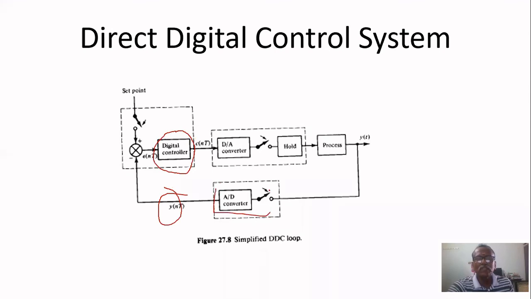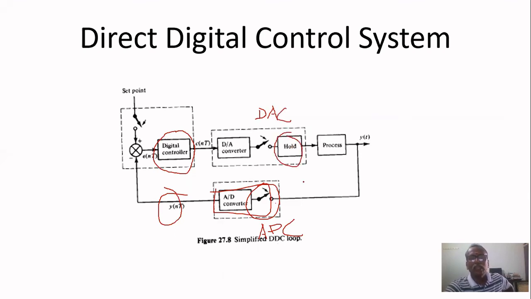So an ADC is required between process and controller. That ADC will always be preceded by a sampler. Similarly, every DAC will be followed by a hold circuit.